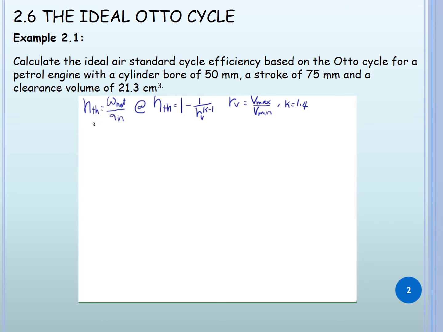For our first equation, we take a look that work net is actually Q in minus Q out.